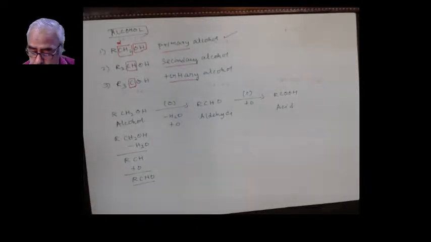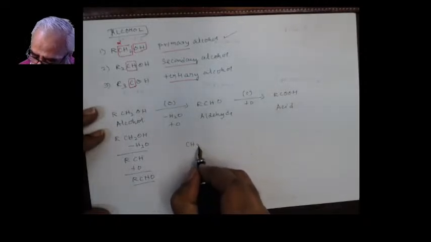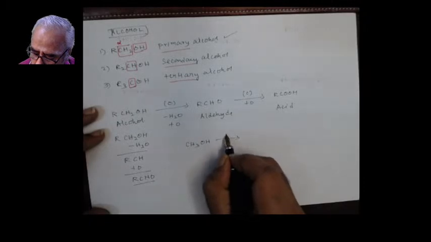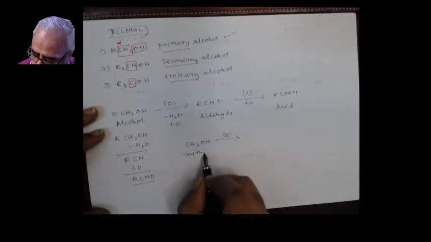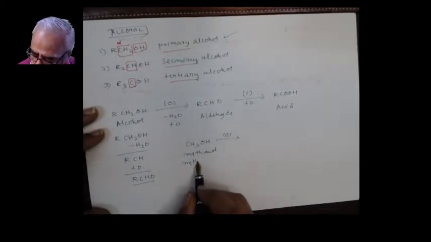Let us consider methanol. So we have CH3OH. What happens on oxidation? This is methanol, or methyl alcohol by another name.